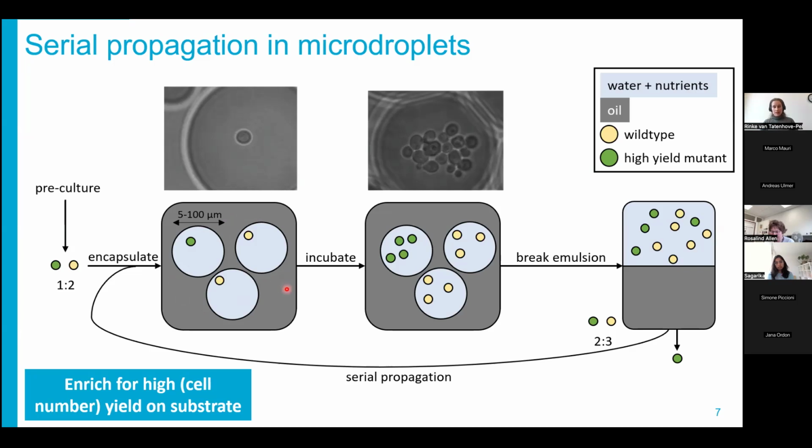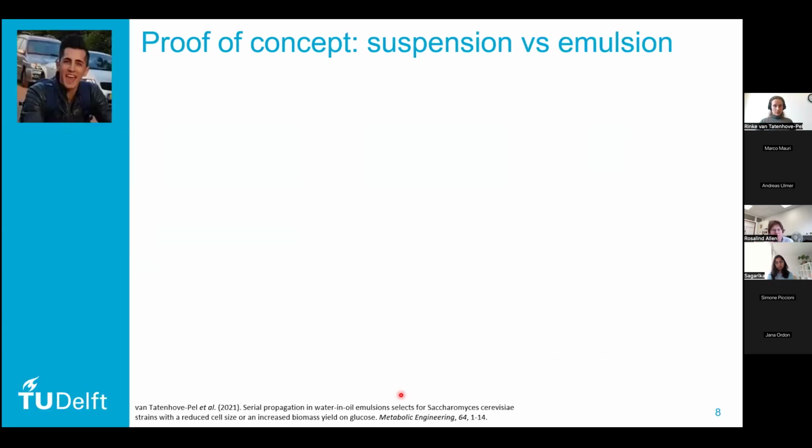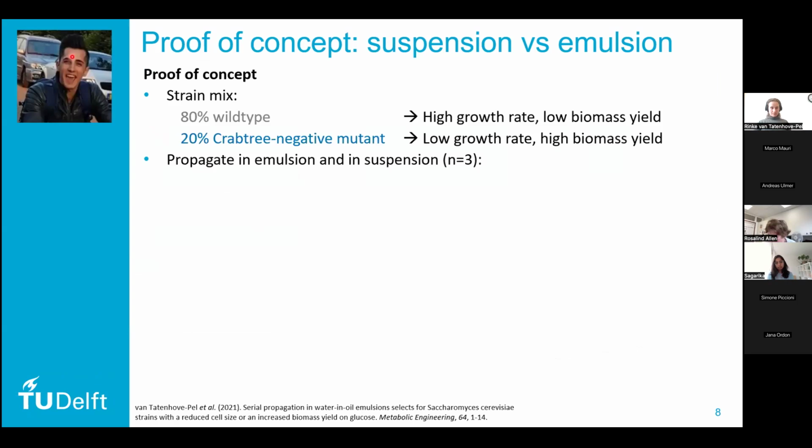So this was our hypothesis, that this would happen if we would have a spatial structure, but of course we wanted to test this with experiments. So this was done by me together with Emiel Zwering at the VU in Amsterdam. What we did is we started with a proof of concept experiment.